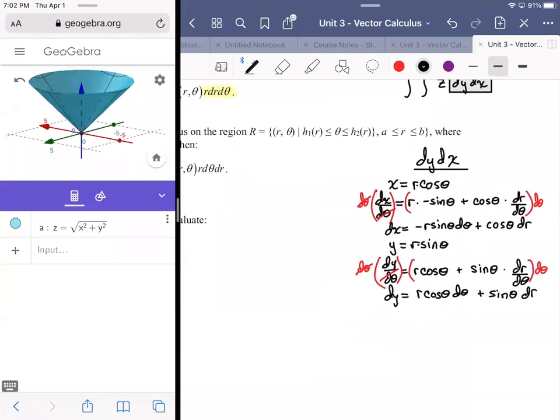All right, so dx dy is going to be equal to, now it's going to be pretty hairy here, so I'm going to move it over there.